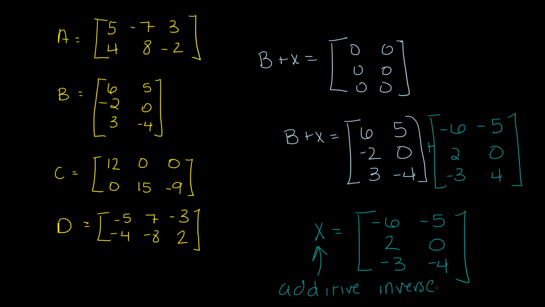So that is our additive inverse. The additive inverse of a matrix is a scalar multiple of negative 1 times the matrix.